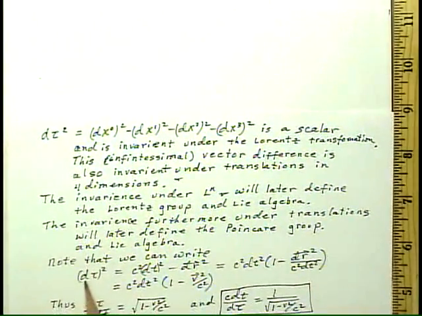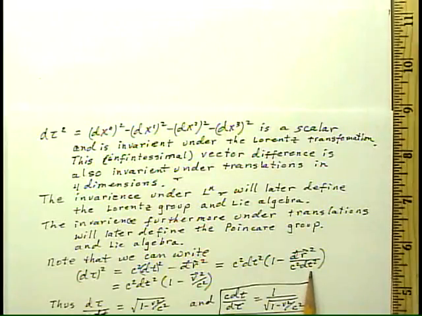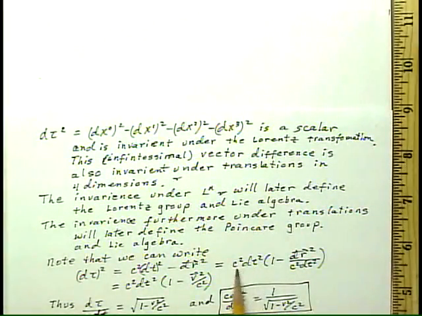We note that we can write our d tau squared as c squared dt squared minus dr squared, going back to our 3-dimensional type of notation, which is c squared dt squared, pulling that term out, 1 minus, and here I've written dr squared over c squared dt squared. All I've done is factor this term out of this whole expression.